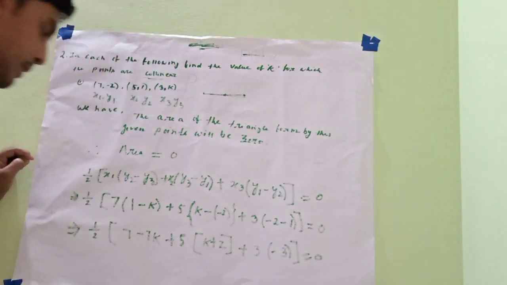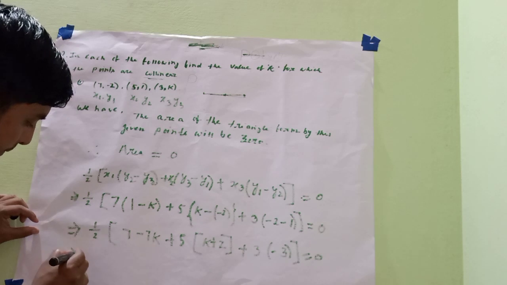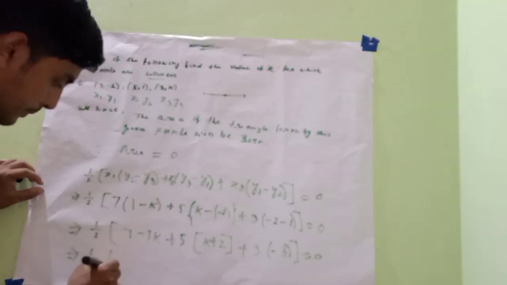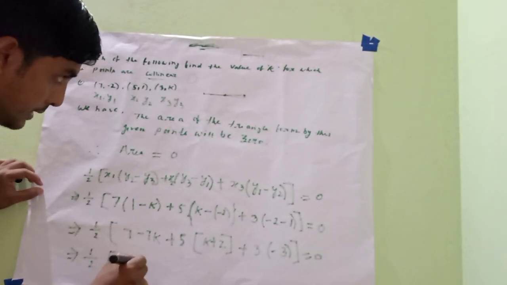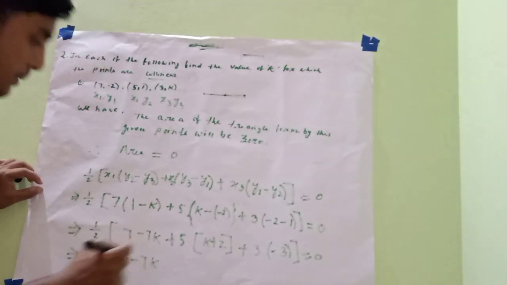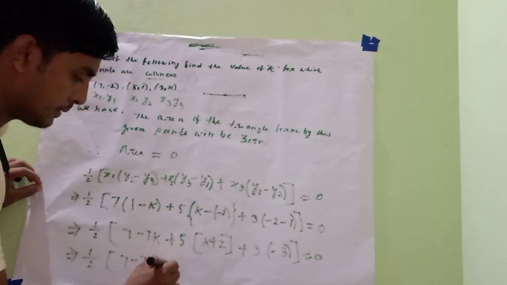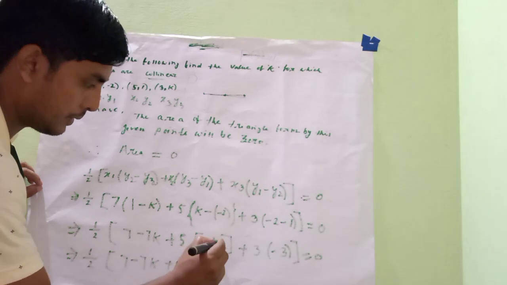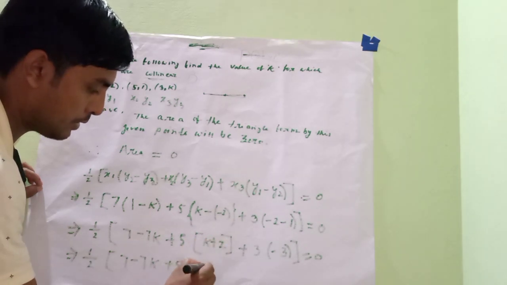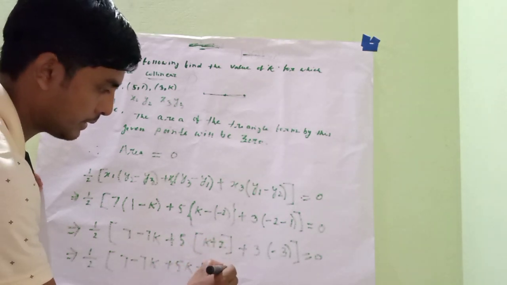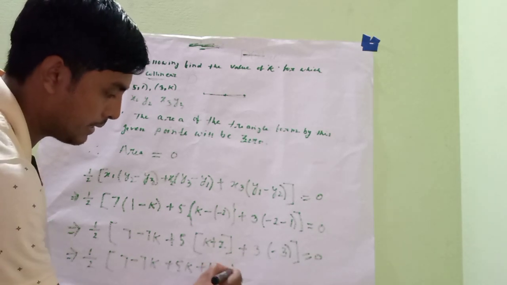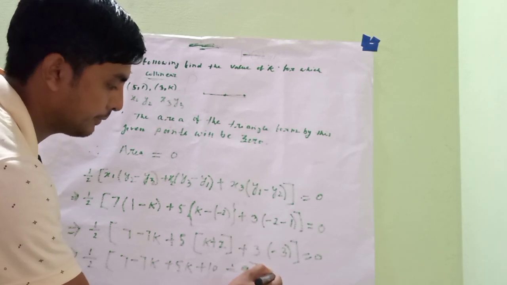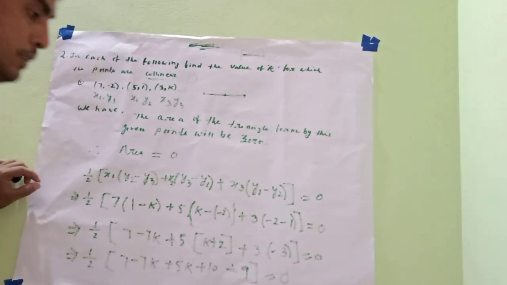Next, half of 7 minus 7k plus 5 into k is 5k, 5 twos are 10, then minus 3 threes are 9, is equal to 0.